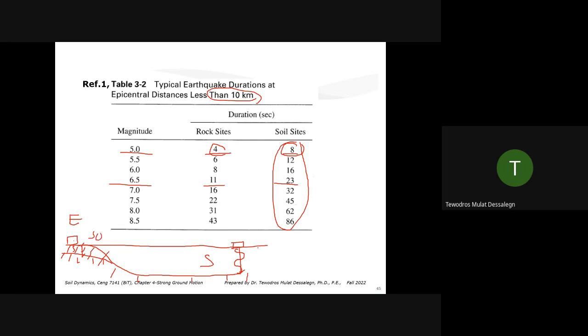But the western part, like California, it's a soil site. It's a deeper soil. I don't know exactly the average depth, but assume for now, maybe 200 meters or 300, more than that. So earthquakes, when they occur in California, they get more duration than in the Eastern US. So that's the takeaway from here.